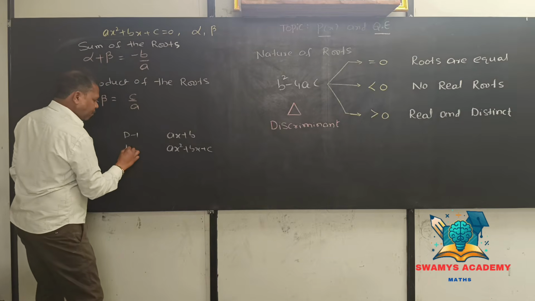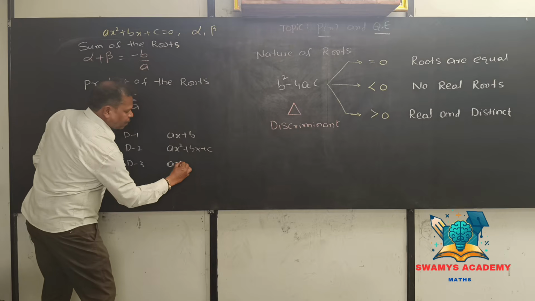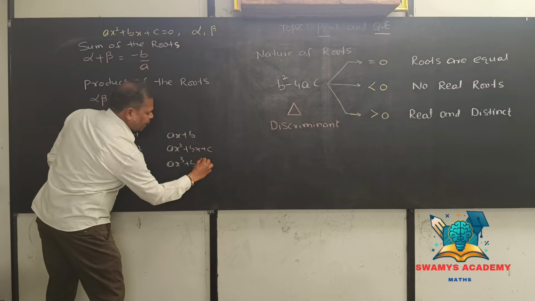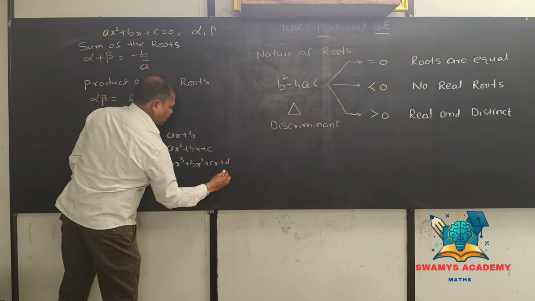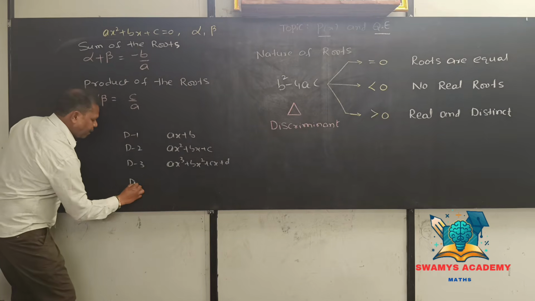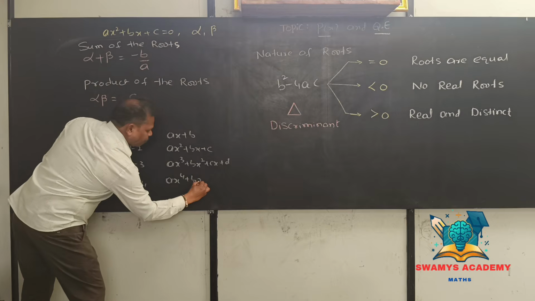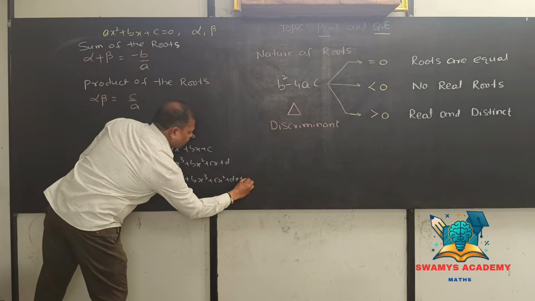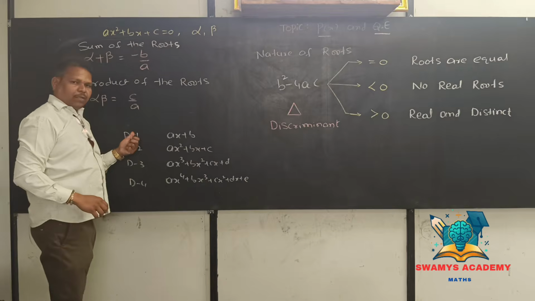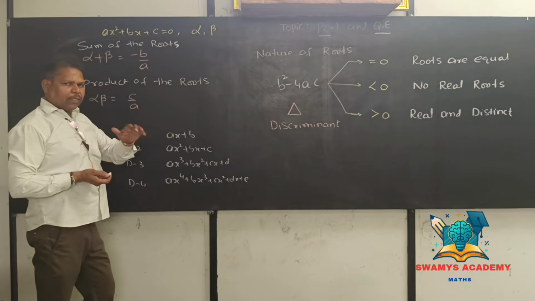Degree 3 cubic, ax cube plus bx square plus cx plus d, and degree 4 biquadratic, ax to the power of 4 plus bx cube plus cx square plus dx plus e. These are polynomials. We can also have higher degrees like 5, 6.